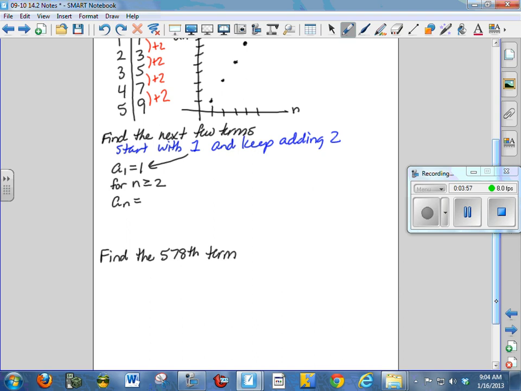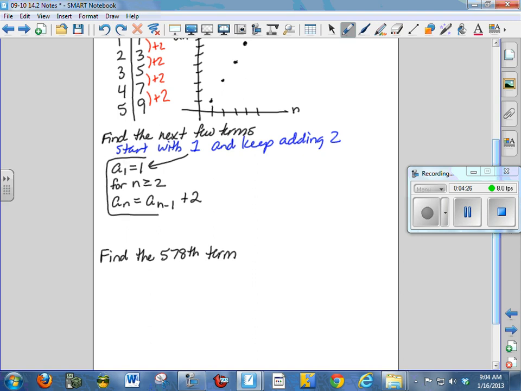So in other words, to get from 3 to 5, I add 2 to 3 to get 5. To get to the next term, I add 2 to 5 to get 7. I add 2 to 7 to get 9. I add 2 to 9 to get 11, and so forth. So I need to have a symbol that represents adding 2 to the previous term. Well, if the term I'm looking for is a sub n, then the previous term must be a sub n minus 1. So I say a sub n equals a sub n minus 1 plus 2.